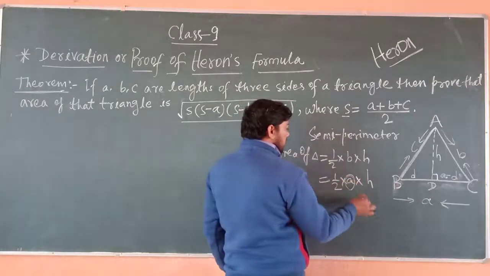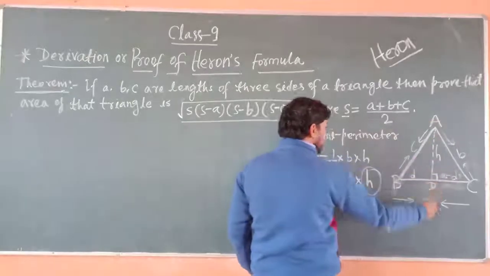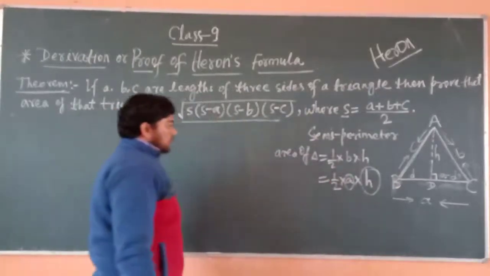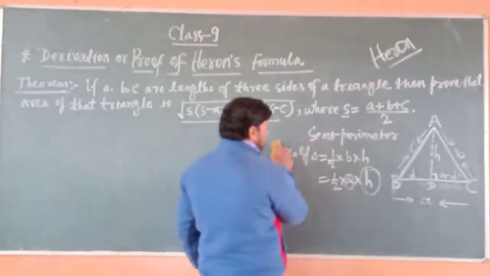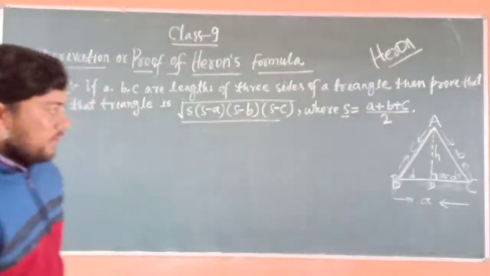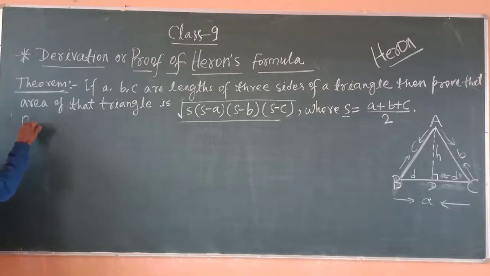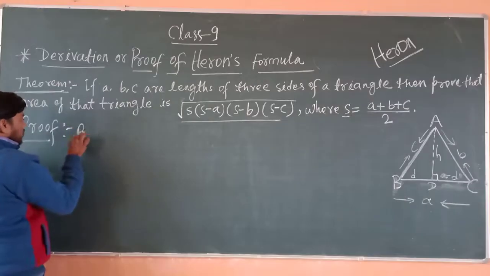But what is the length of A and what is the length of height, or length of AD? We do not know. So first we have to find what is the length of height by Pythagoras theorem.